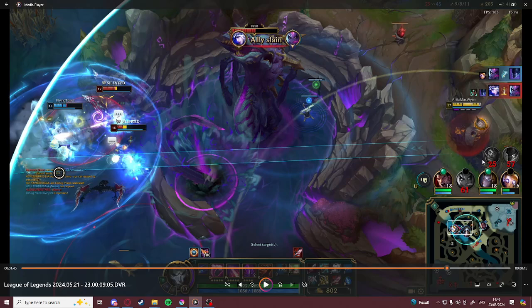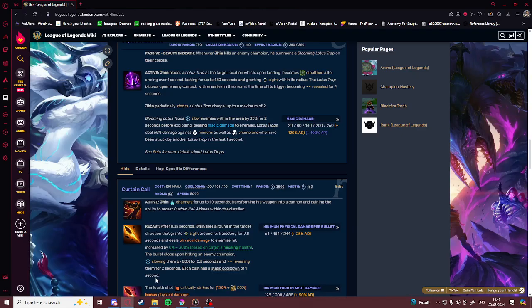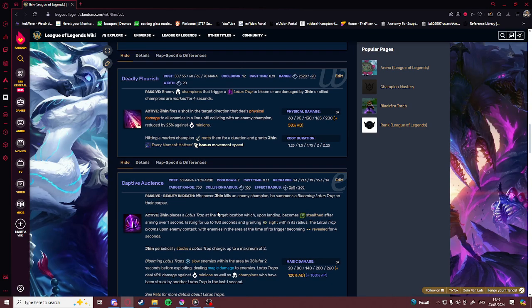As soon as you use it, okay, there we go. So here is another ability, and this time the range is slightly less. Let me see what it is. It has a range of around 2500.